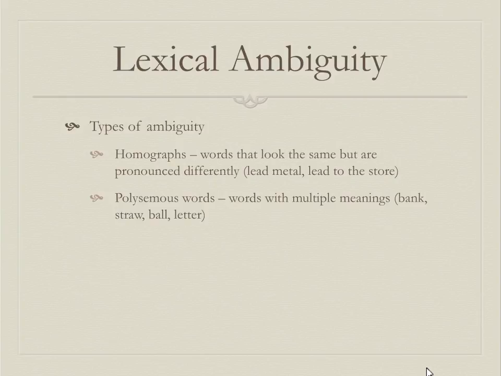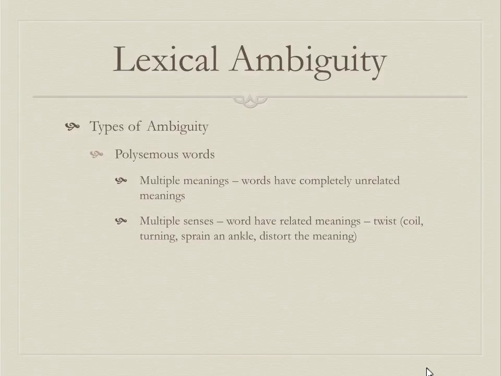And polysemous words are words with multiple meanings. So letter can be a single letter, or a written letter. And so how do we deal with the fact that these things sometimes are pronounced differently and sometimes they have different meanings? So polysemous words sometimes have multiple meanings. So the words are completely unrelated, but sometimes they also have multiple senses.